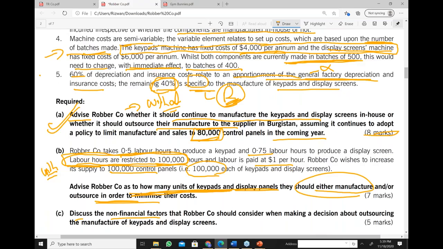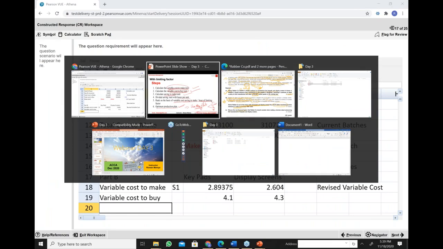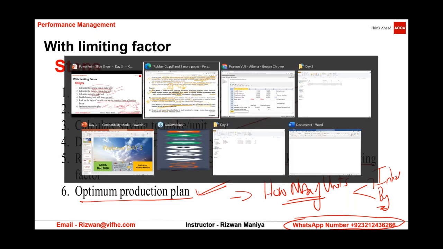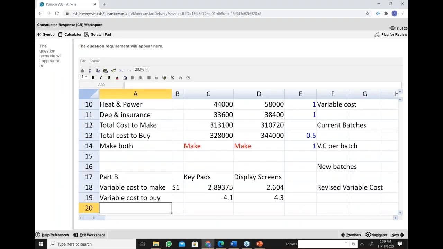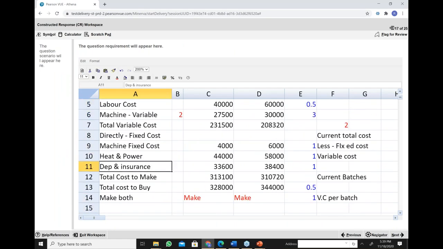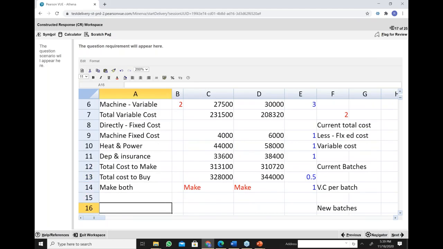Now the third step is to calculate the saving to make per unit, the saving in variable cost per unit.